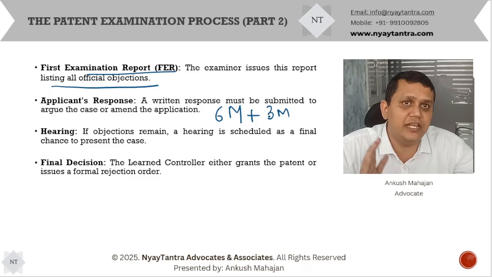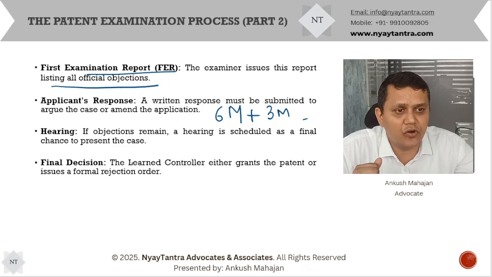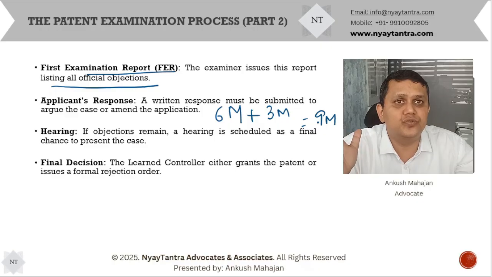So effectively, from the date of receipt of the first examination report, the patent applicant has overall 9 months to file the response to the examination report, as well as to ensure that within 9 months the patent application has met all the mandates of the Indian Patent Act.